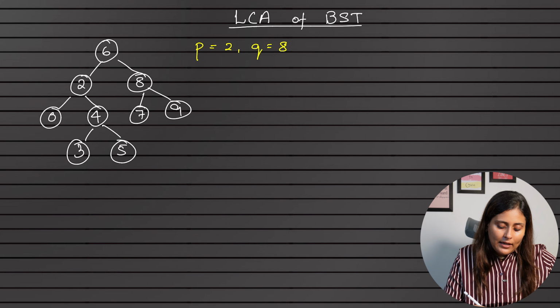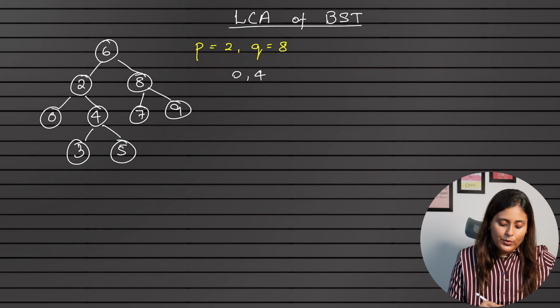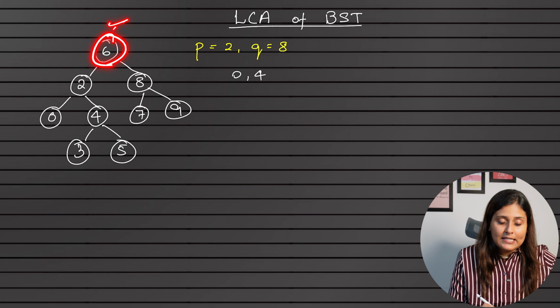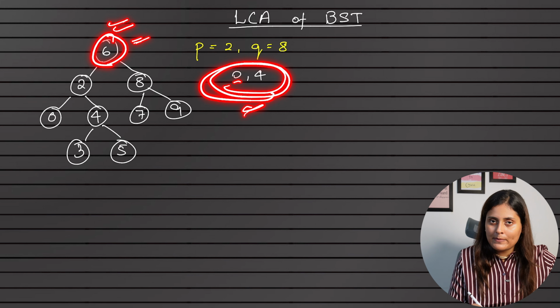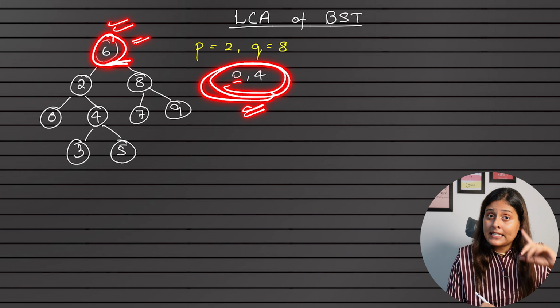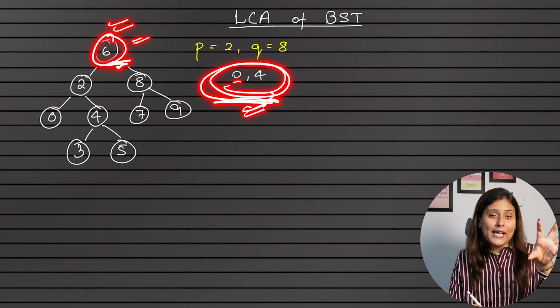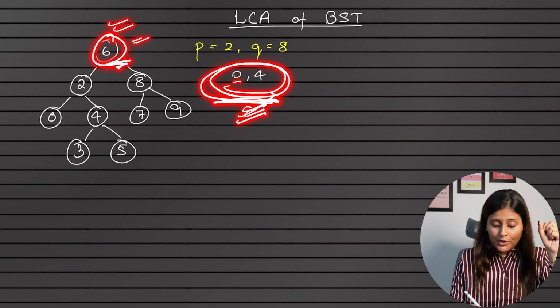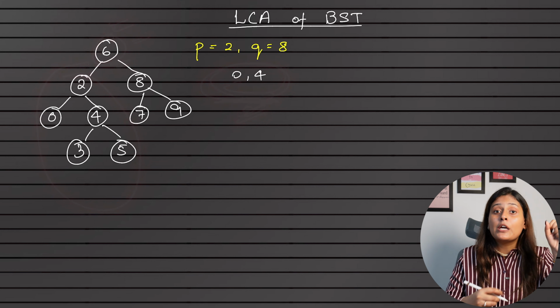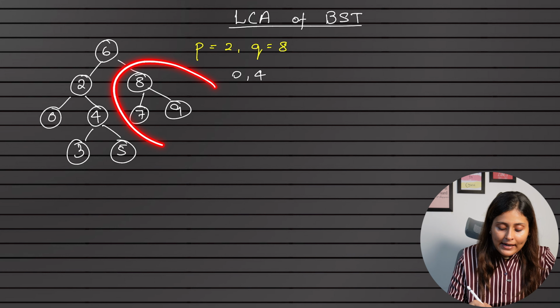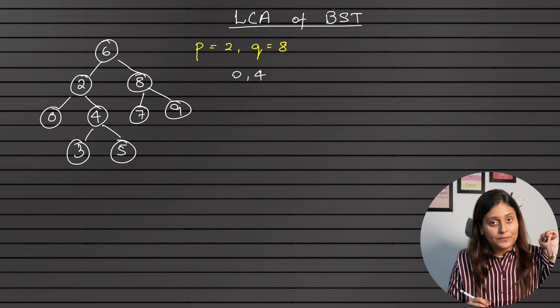Let's think about what if our nodes are 0 and 4, meaning P is 0 and Q is 4. At 6 we can ask, out of these two what is the maximum? 4 is maximum. If my 6 is greater than the maximum of P and Q, which is 4, then for sure both P and Q lie in my left subtree. So we can ignore visiting my right subtree. Can I say that? Yes.